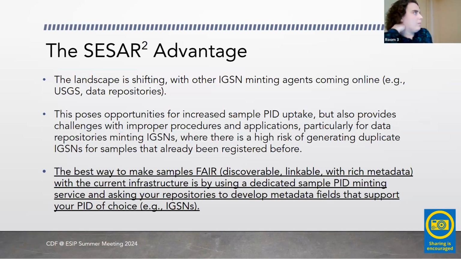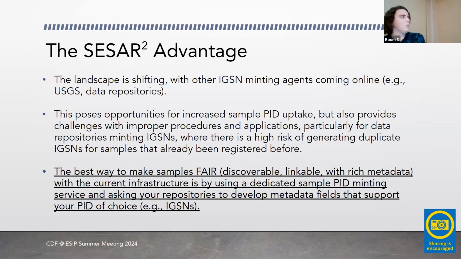And so this slide is important. The landscape is shifting right now with respect to IGSNs, and other minting agents for IGSNs are coming online, such as the USGS and data repositories.